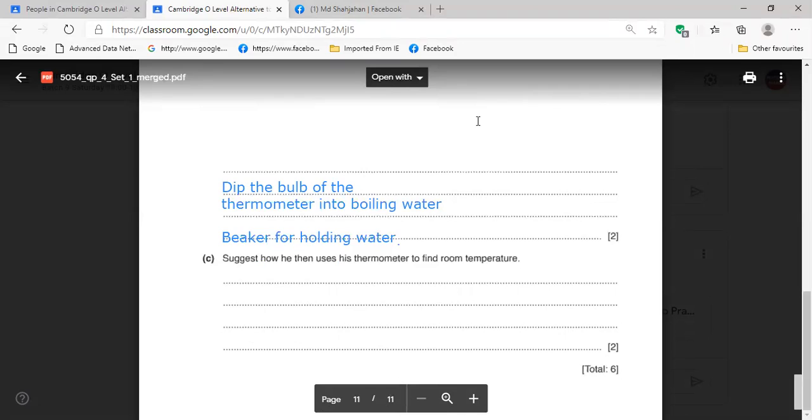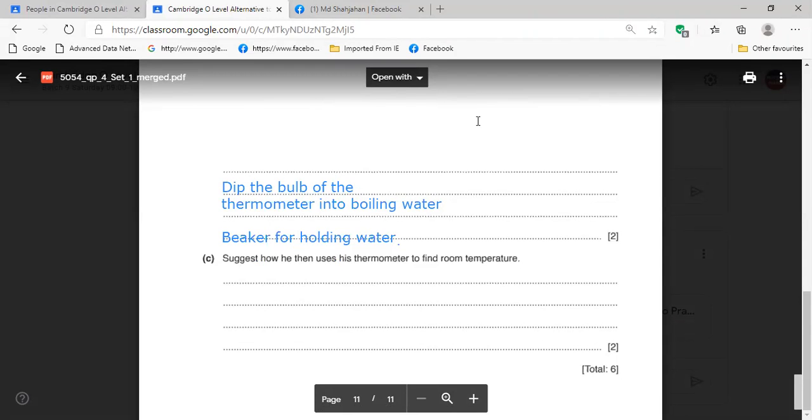What is calibration? It is dividing into equal markings between the two fixed points. He got 0 degrees Celsius and 100 degrees Celsius, right? From those two readings.